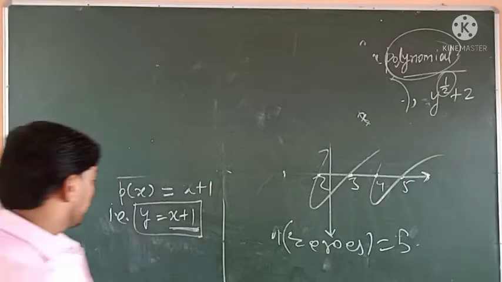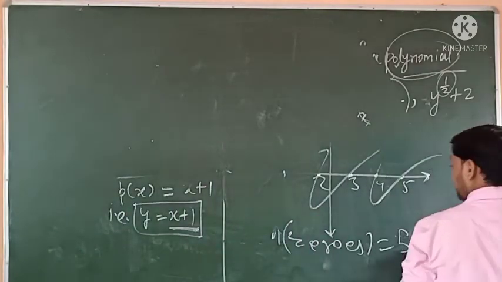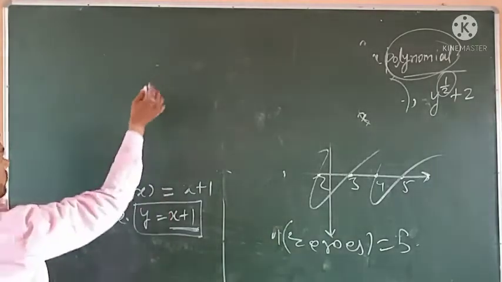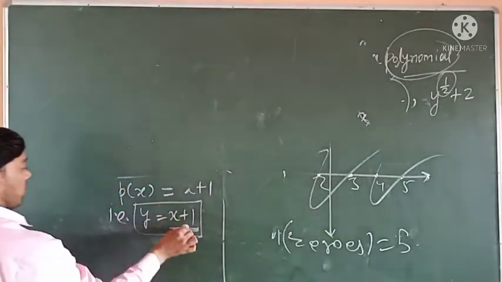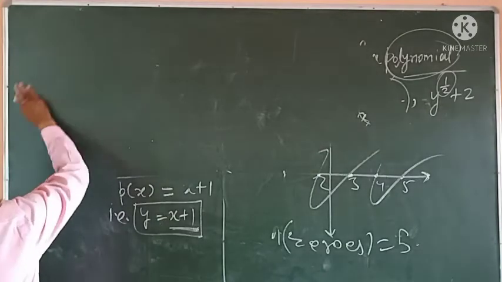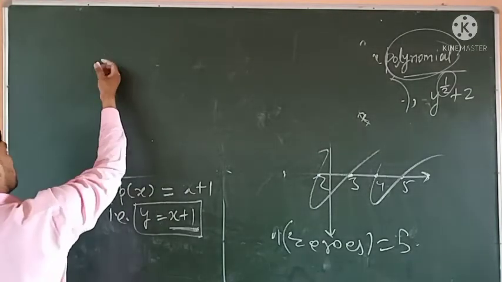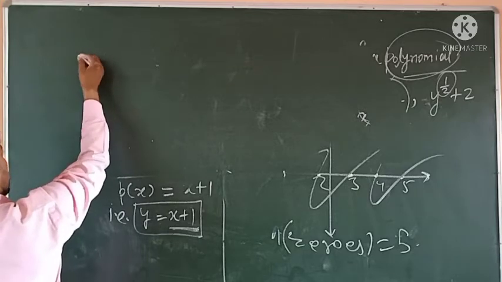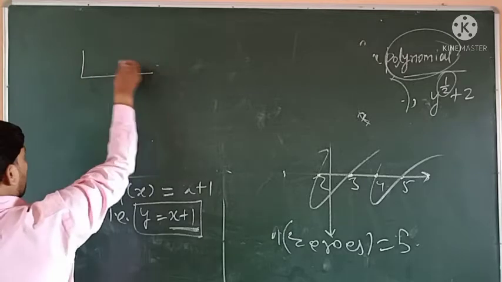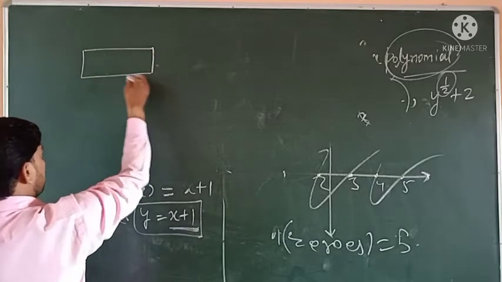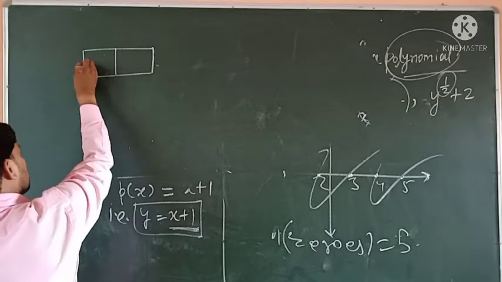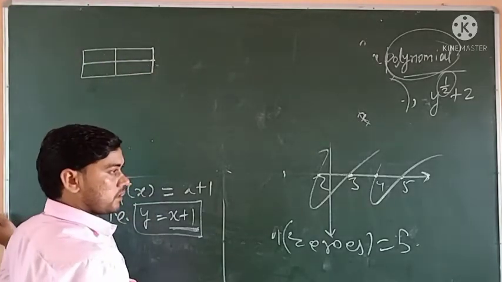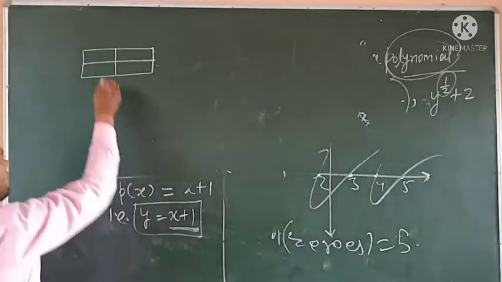Now try to understand how a linear polynomial has one zero. y is equal to x plus 1. To draw a graph of an equation, at least 2 points are required: first on the x axis and second on the y axis.